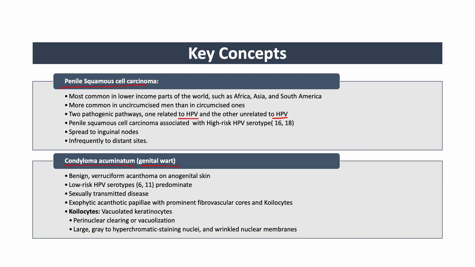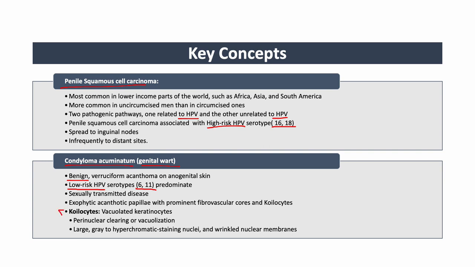Squamous cell carcinoma of the penis can be HPV positive or HPV negative. HPV positive is associated with high risk HPV serotypes 16 and 18. Condyloma acuminatum is a benign condition associated with low risk HPV serotypes 6 and 11.